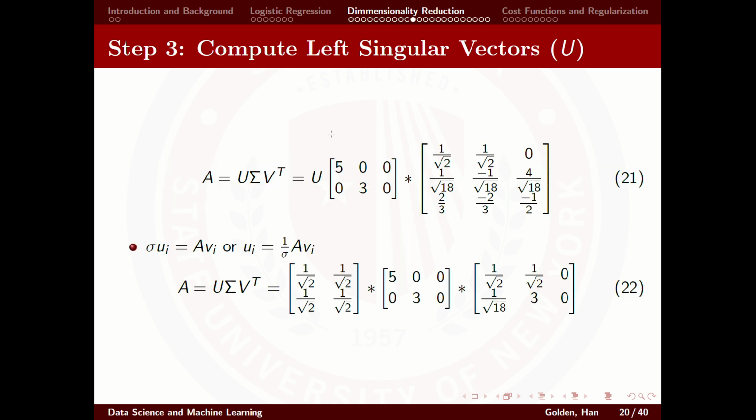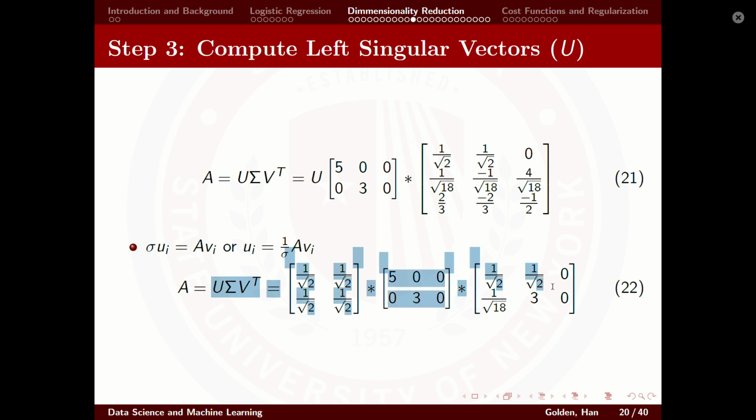There we go. And then now we compute the left singular vectors, which is just the matrix that outputs A when multiplied by sigma and V transpose. Or we can also do sigma_i u_i equals A v_i, or u_i equals 1 over sigma A v_i.